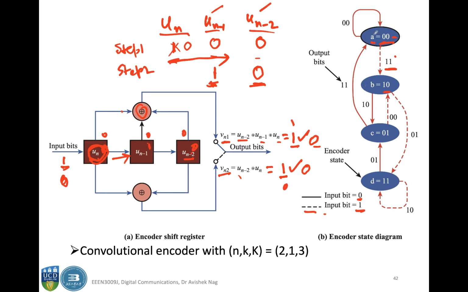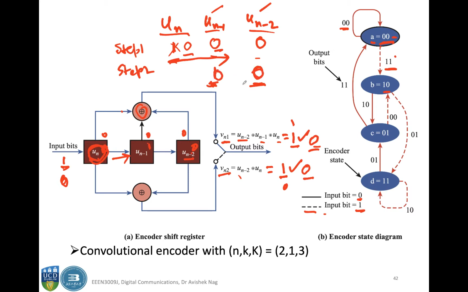So at state 0 0, when your input is 0, which is signified by this solid line, then the output is 0 0. And it goes back to the state 0 0, because this 0 0 will now be shifting one place in step 2, and then this will be 0 0.